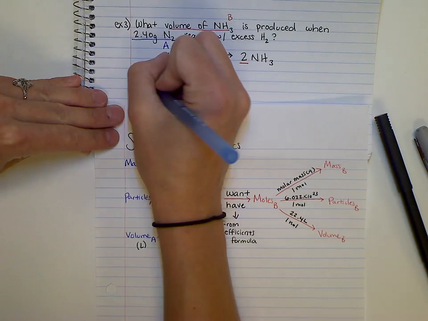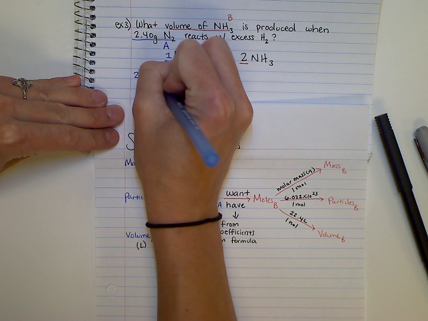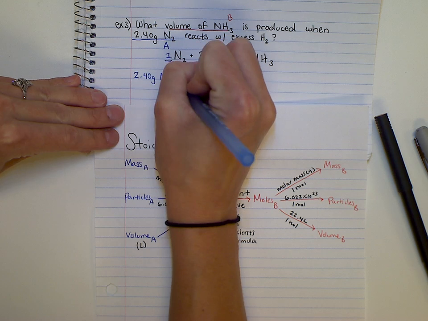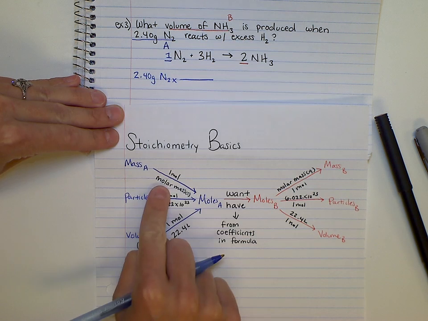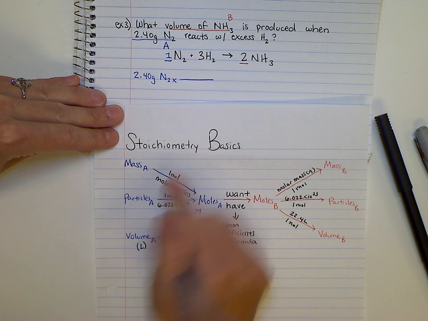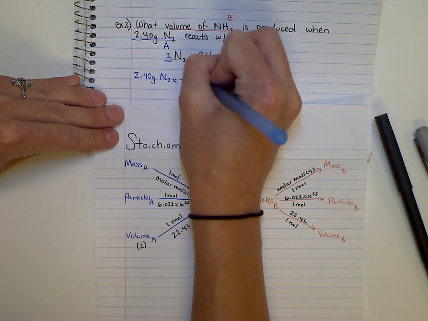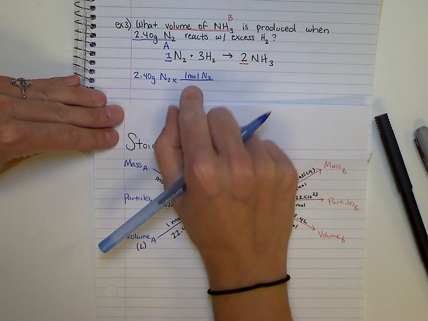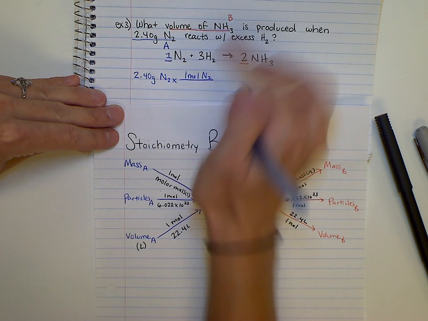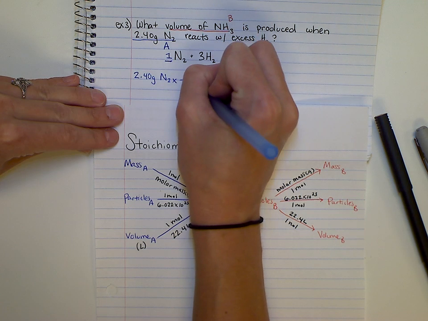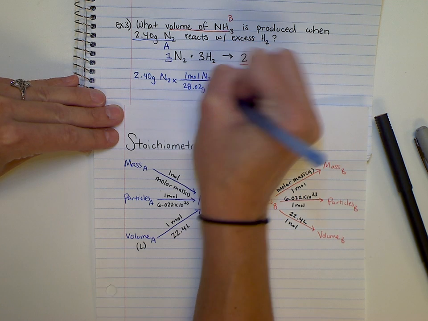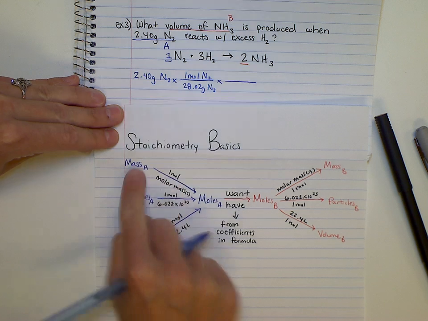So starting with what I'm given, 2.40 grams of N2. My first conversion, according to my roadmap, I have 1 mole of N2 on top, and on the bottom, I have the molar mass, 28.02 grams. So that was this conversion here.